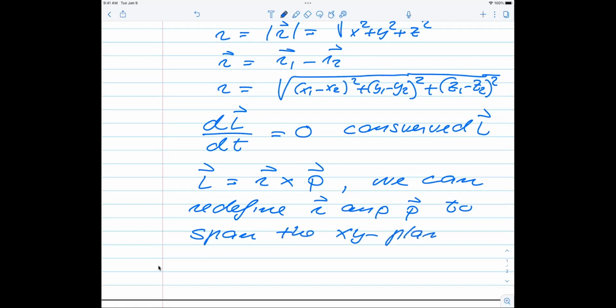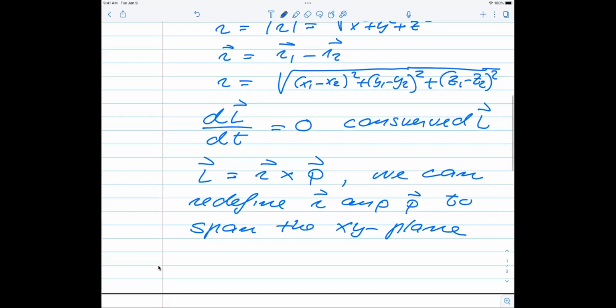And since the cross product between 2 vectors gives us a vector which is perpendicular to the plane spanned by the relative position and the momentum, we can simply choose the z-axis to be the axis where the angular momentum lives. And since this is a constant, nothing happens along the z-axis, and that allows us to take away that degree of freedom.